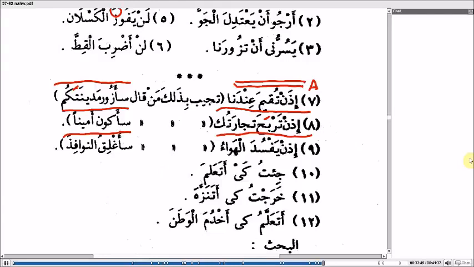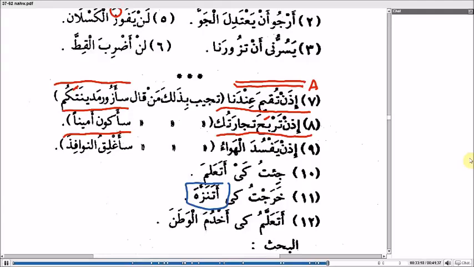I came so that I would learn, or so that I learn. Kharajtu kay atanazzaha. I left so that I could, atanazzaha is like to take a stroll, right? To take a stroll, to go sightseeing, right? Kharajtu kay atanazzaha.